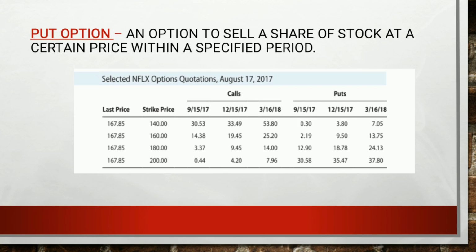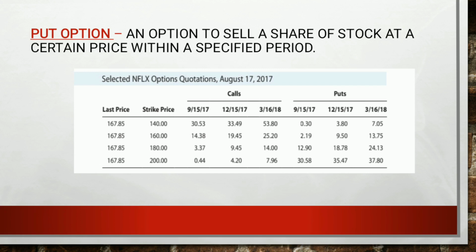For example, if on September 15, 2017, we have here 2.19, and then we multiply it by 100. That would give you the right to sell 100 shares at a price of 160 pesos per share.